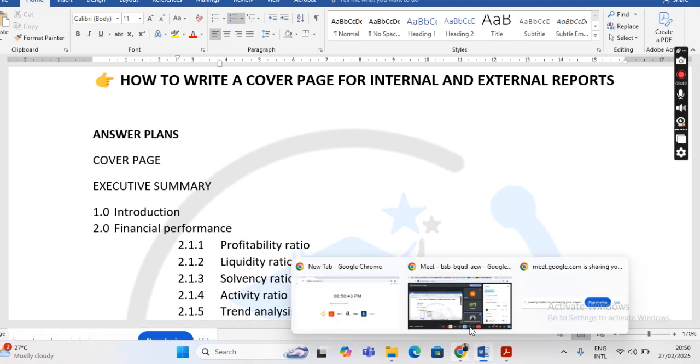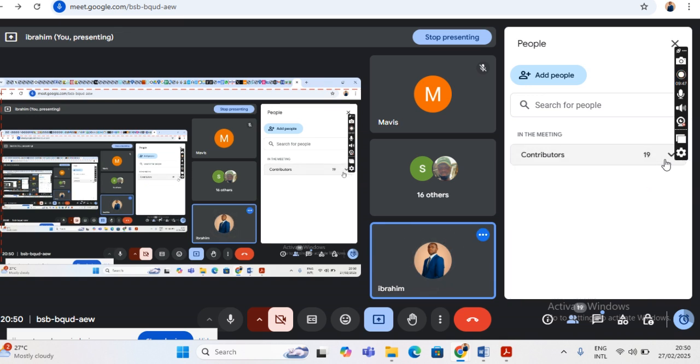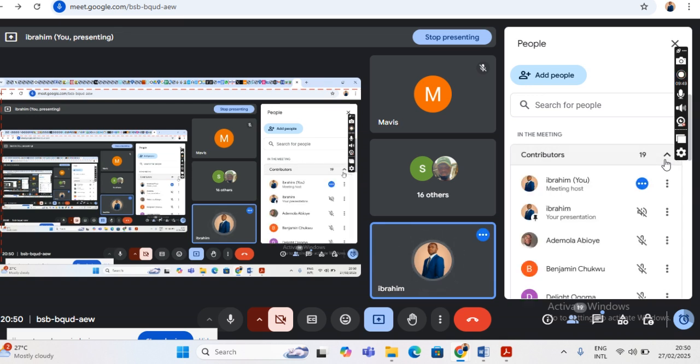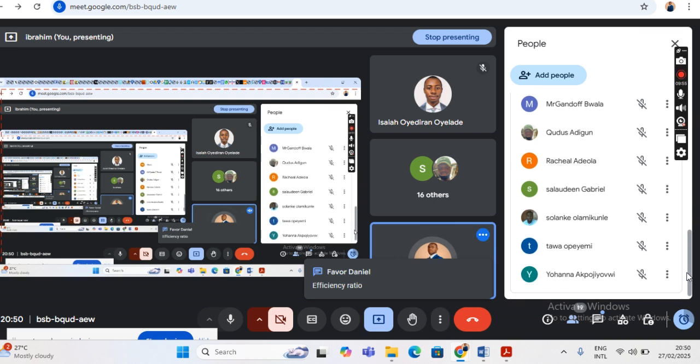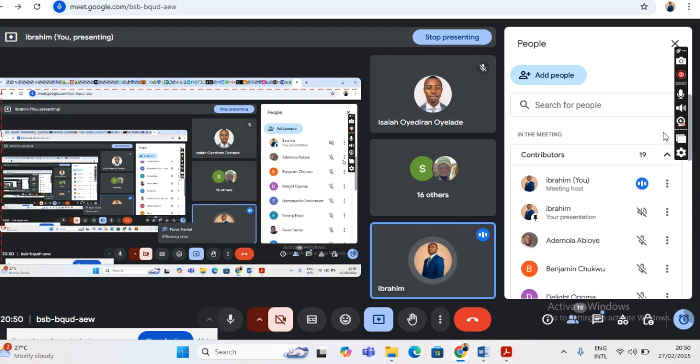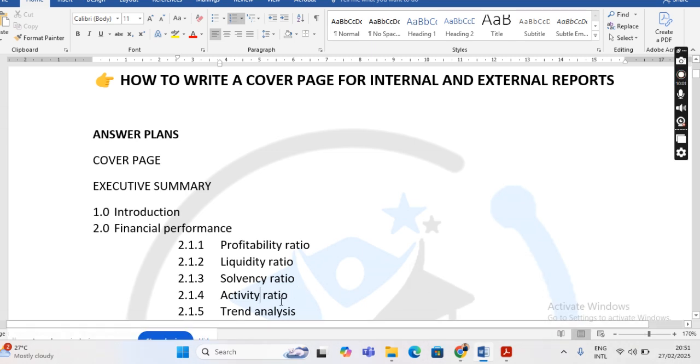Who can tell me what is another name for activity ratio? Class, another name for activity ratio. Efficiency ratio. Good. Efficiency ratio, right? So we can have here efficiency ratio, because the question may say, using activity ratio, and you now ask yourself which one is activity ratio, and no, it is efficiency ratio.